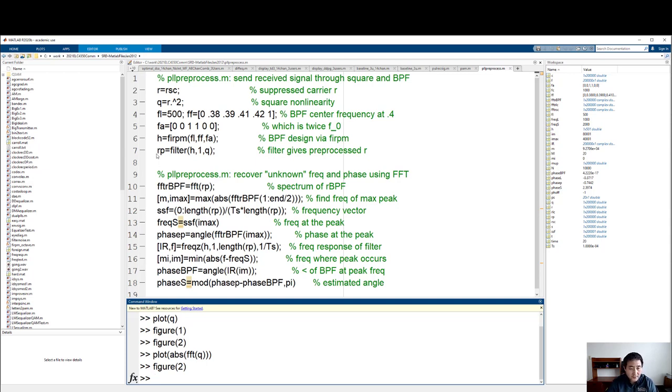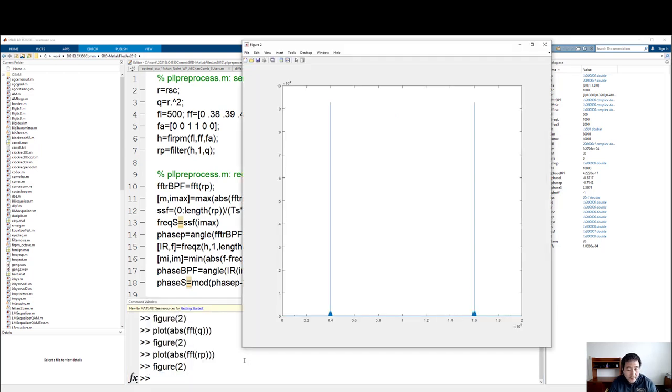And then after this filter around 2fc, let's plot out ABS FFT of RP. We got two very nice spikes at 2fc and negative 2fc.